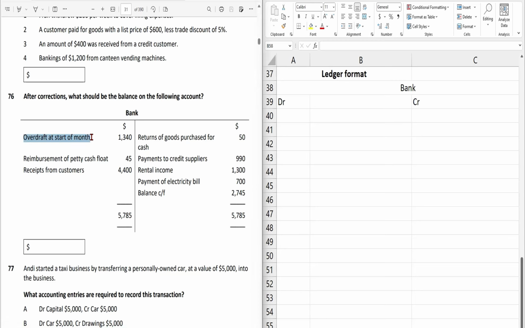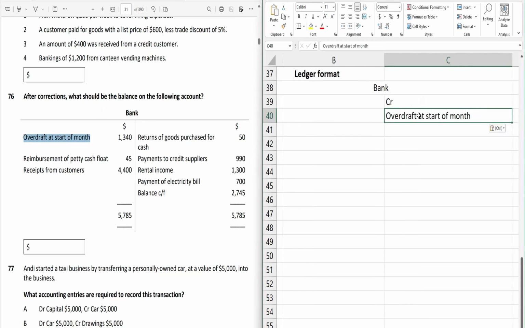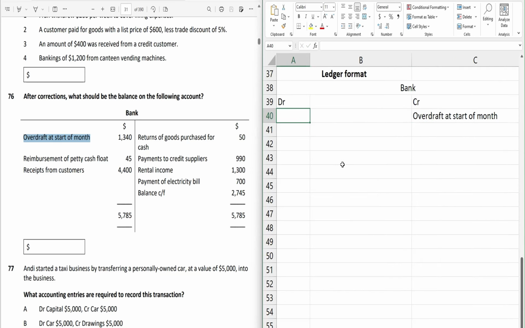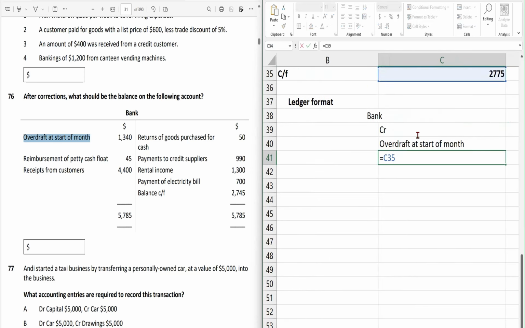It should be on the credit side because our bank balance is negative, and the amount is 1340. Then we have reimbursement of petty cash float. We can copy it from above as well.